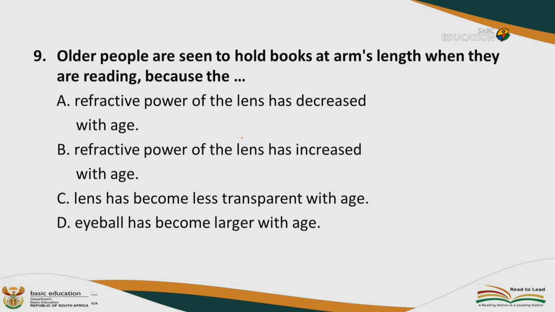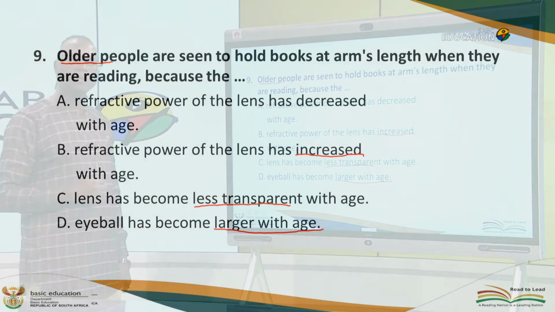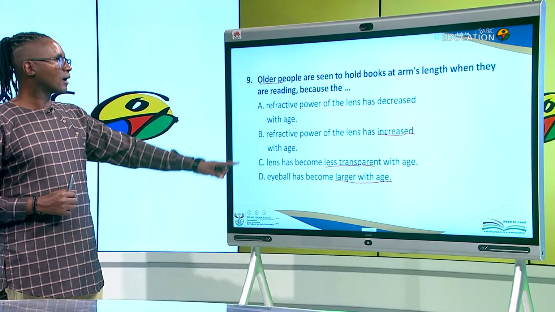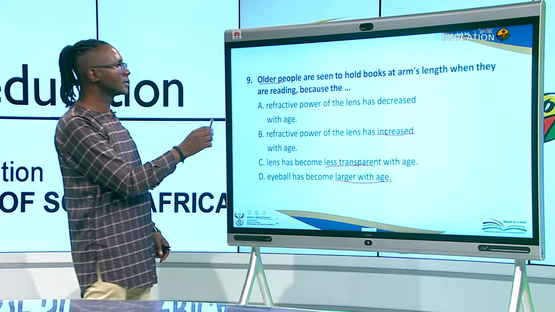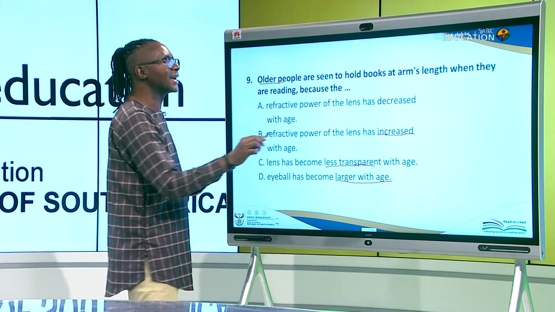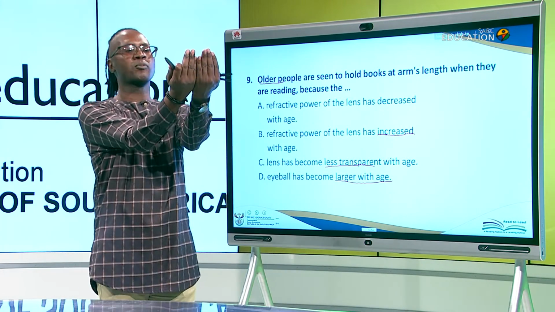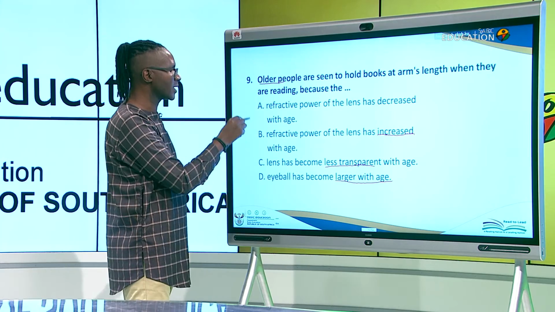We talk about older people, myself. Refractive power of the lens has increased. The lens has become less transparent with age. The eyeball has become larger with age. So what will your answer be? Because the refractive power of the lens has decreased, that's why I'm holding my book there. So the answer will therefore be A.